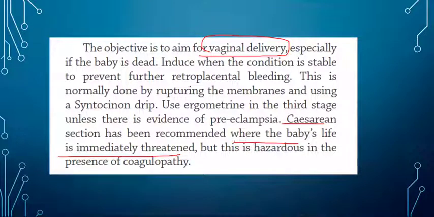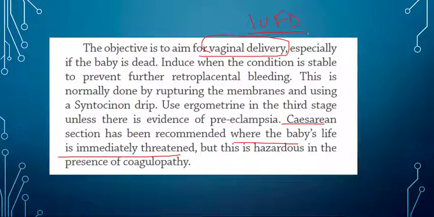But most of the time, if patients bleed heavily, then the baby will be dead. That is what we call intrauterine fetal death, IUFD. If fetal death happens, then usually you should not go for cesarean section. You wait for normal vaginal delivery.